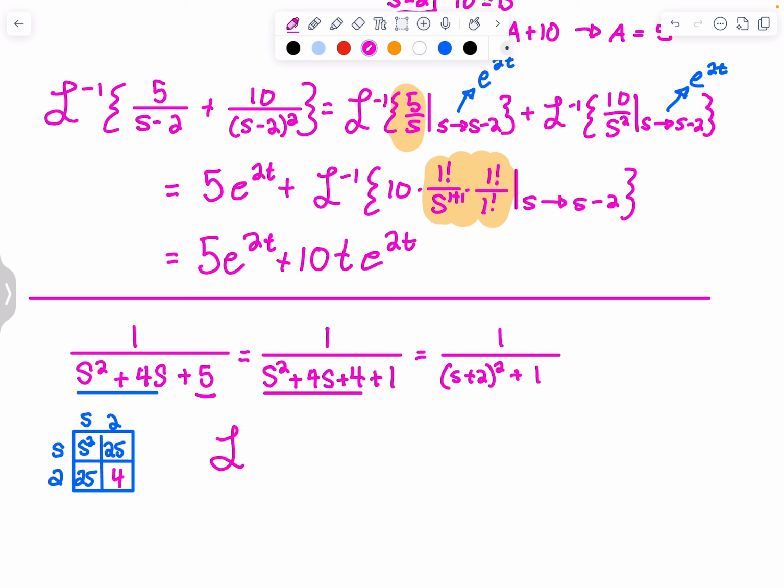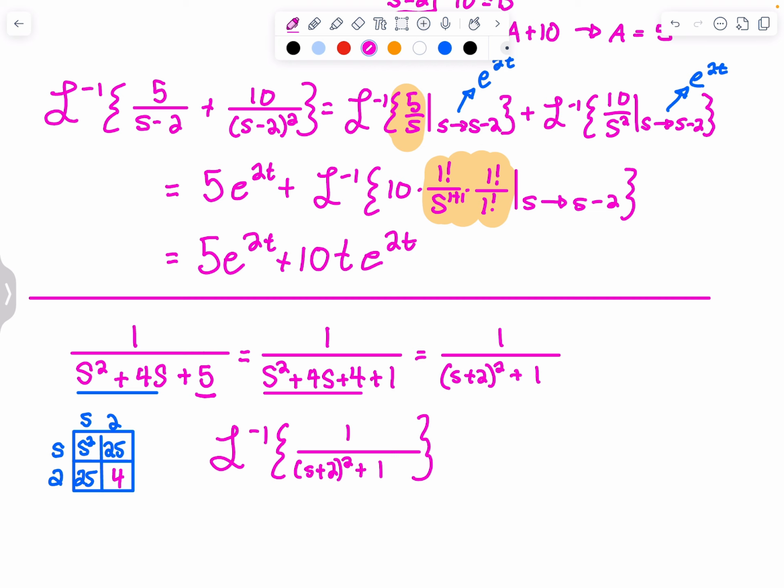We have inverse Laplace of, and I'm going to write what's there. Notice if the thing that was being squared, if I were to change that, I could have my sine inverse, right? If I had an s squared there, I'd have my sine t inverse.